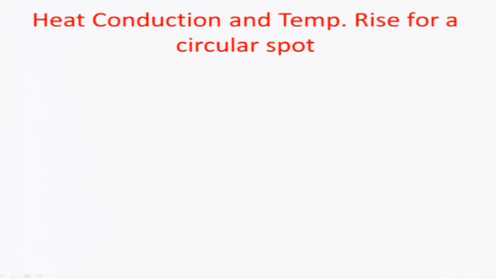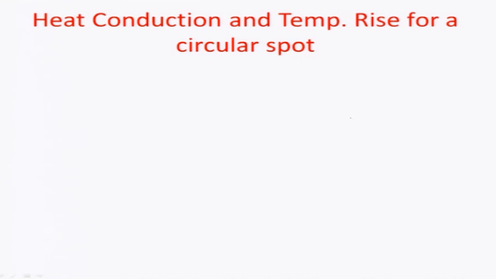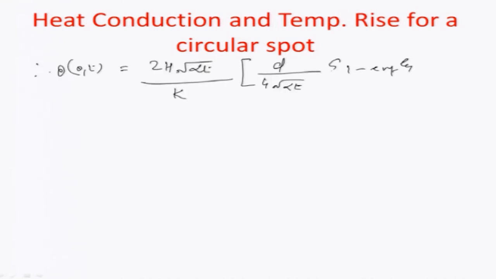We have theta on the surface corresponding to z equal to 0 as a function of time t, which is twice h root of alpha t, this is the beta value mind you, divided by k times, now we have d by 4 root alpha t times again 1 minus error function of zeta, and zeta is d by 4 root alpha t.